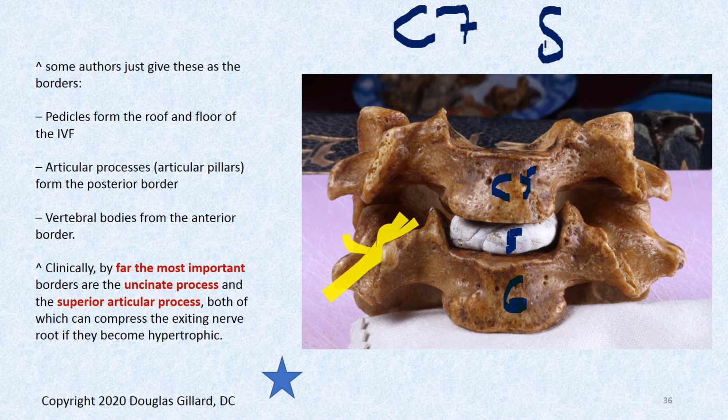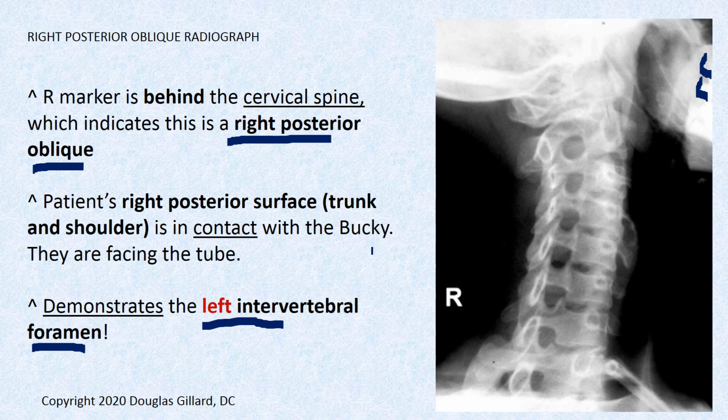There's actually 8. Right? 2 of them come out between atlas, and we'll look at that in class, but that's where things get messed up. The rest of the spine is normal. If this was L5, this would be the L5 exiting nerve root. If that was T5, that would be the T5 exiting root, or spinal nerve, whatever you want to say there. So make sure you know that stuff.